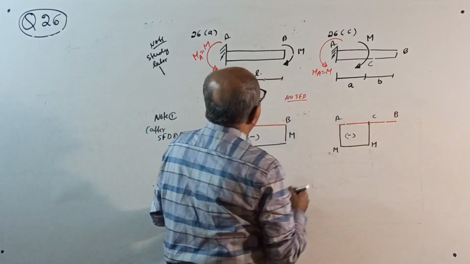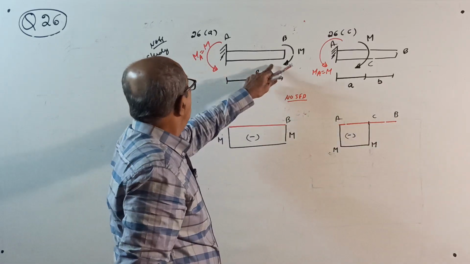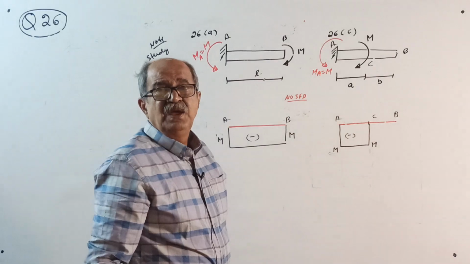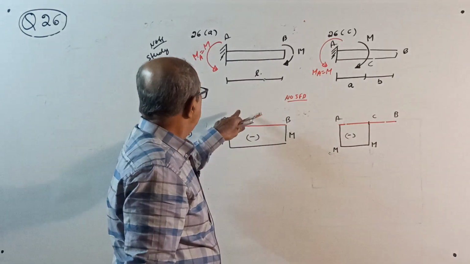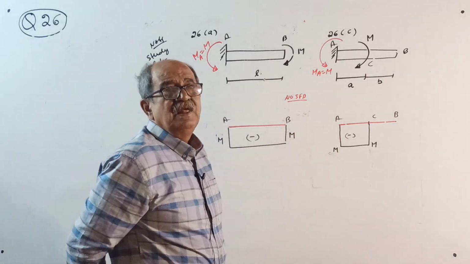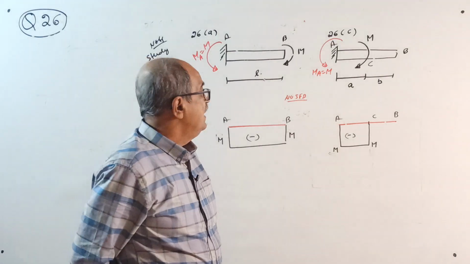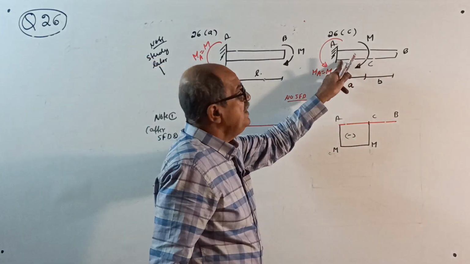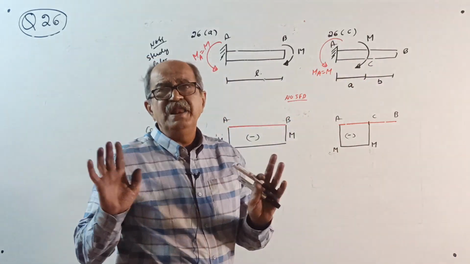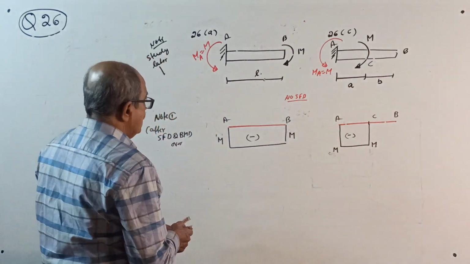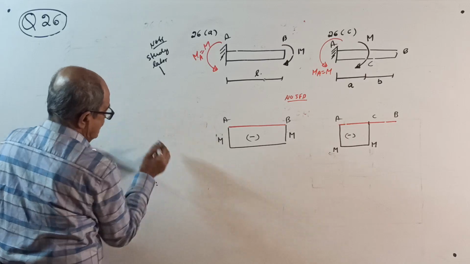Even though the reaction is the same, when you draw the BMD, in this beam there will be constant BM at all cross-sections, but here there will be BM only from C to A. Why, you study later. That is one note. Now make a second note.